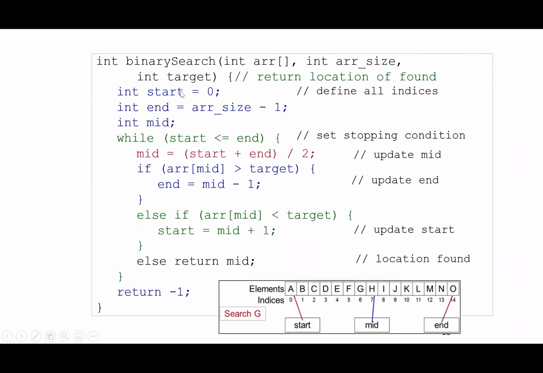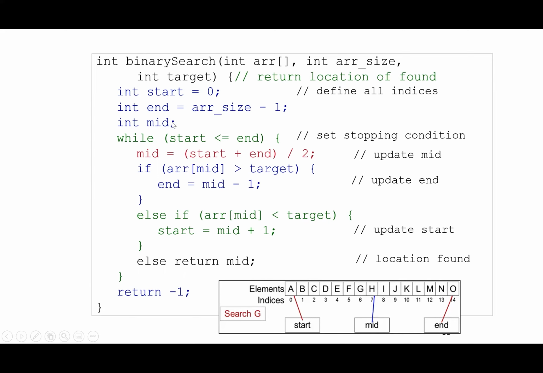When you just call the function, when you start searching, the area that you search is the whole array, as I showed you just now. So your start value must be 0, and your end value is the last index in your array, like in this example here, 14. Because the array size here is 15, but the index starts from 0, you should minus 1, so it will be 14.